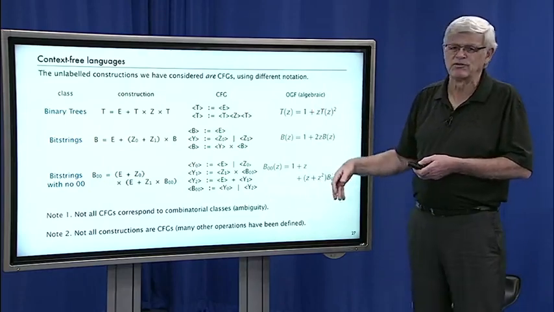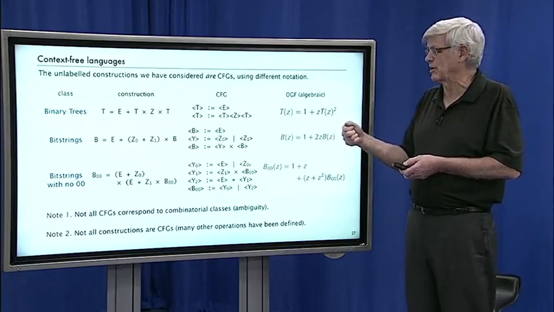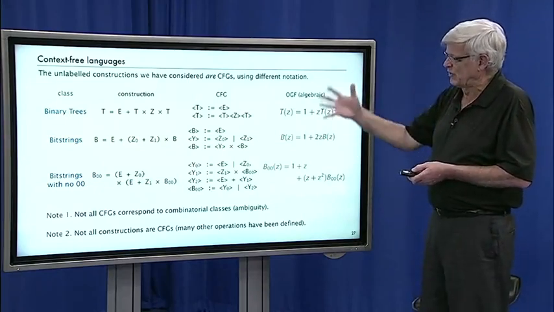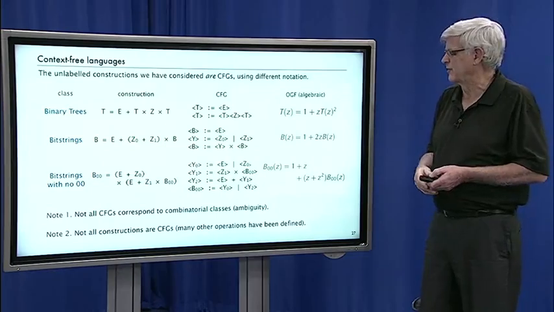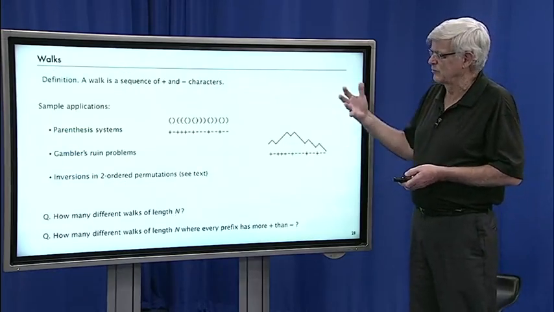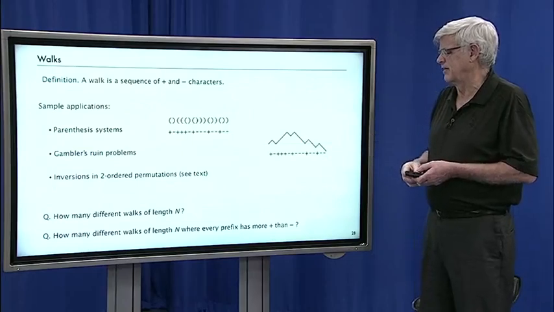There's many other operations that we use that make the combinatorial classes that we're talking about different from context-free grammars typically. But still, there's lots of cases where it's the same thing. In those cases, it's worthwhile to be aware of that.